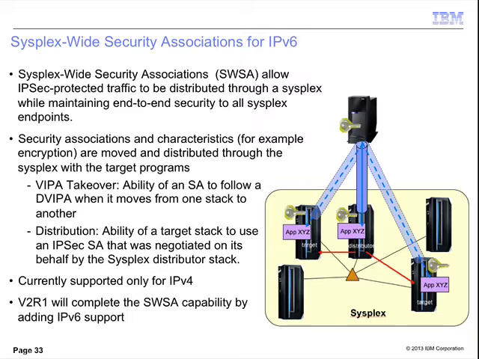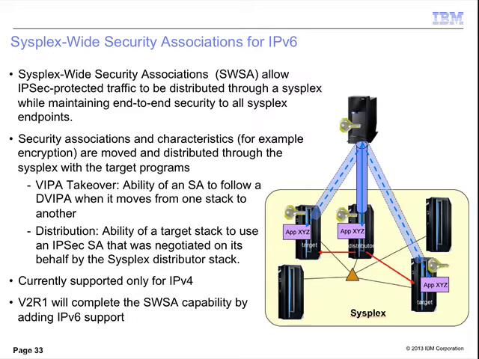And the idea with SWSA, as we sometimes call it, is it's the merger of two technologies, dynamic VIPA and Sysplex Distributor technology, with IPsec. So you want to be able to do IPsec tunnels into the Sysplex. You would like to have the capability for those tunnels to move as your DVIPAs move.